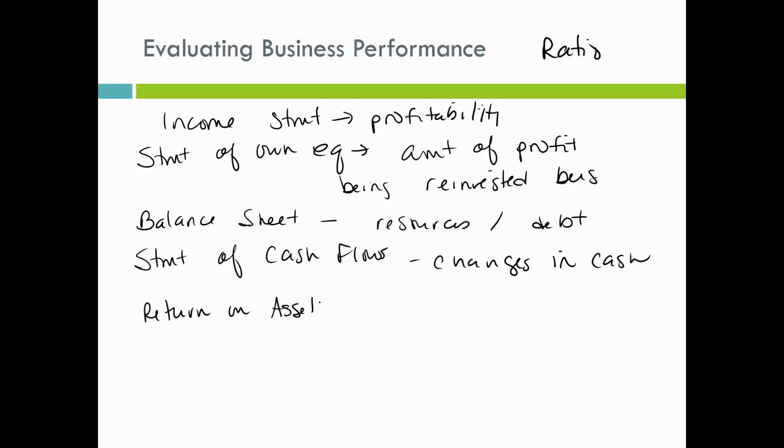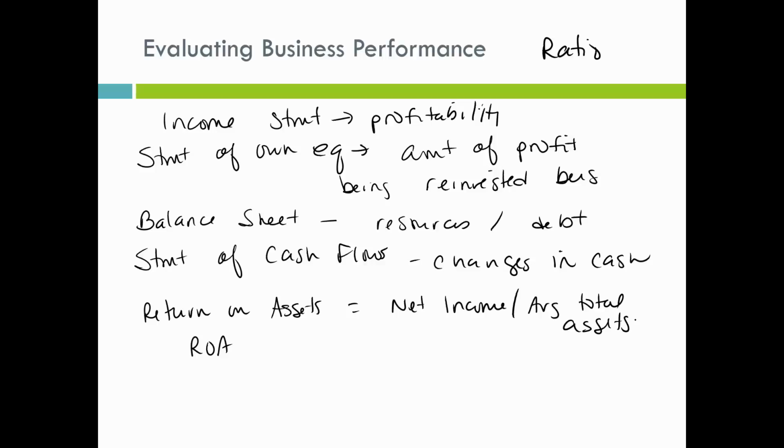Pretty much every chapter we put in a couple of these so you can see how we do it. Also called ROA. The return on assets is the net income, which we get from the income statement, divided by average total assets.